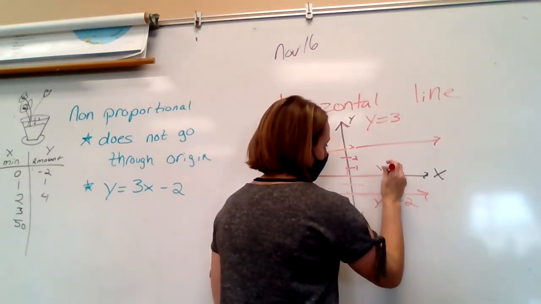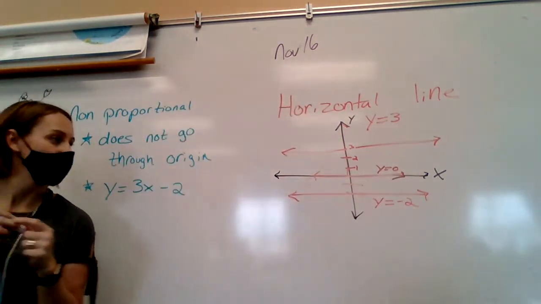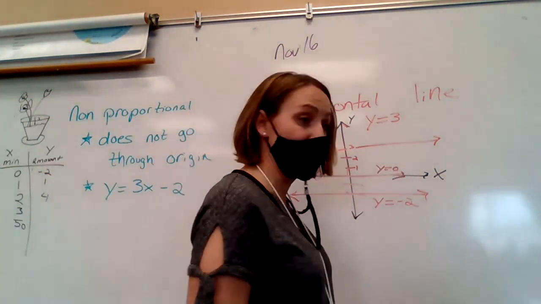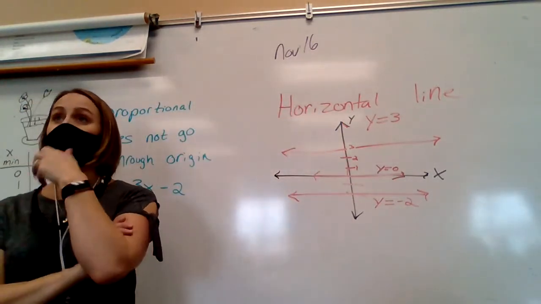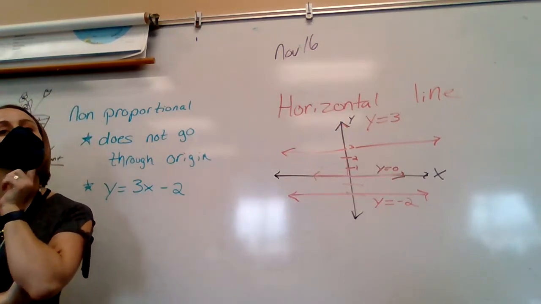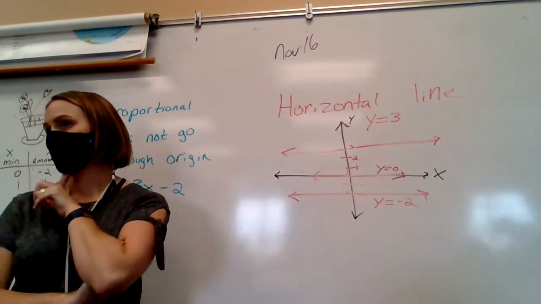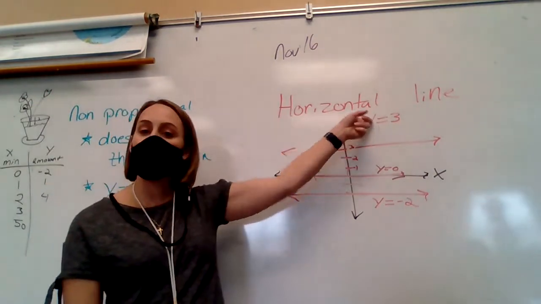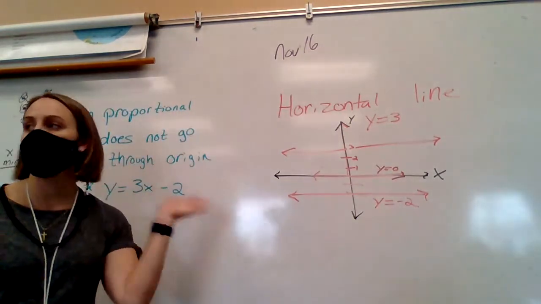Do we have to make that little picture? Only if it helps you. So you want us to write y equals 3, y equals 2, y equals -2. Those are horizontal lines. Yes.